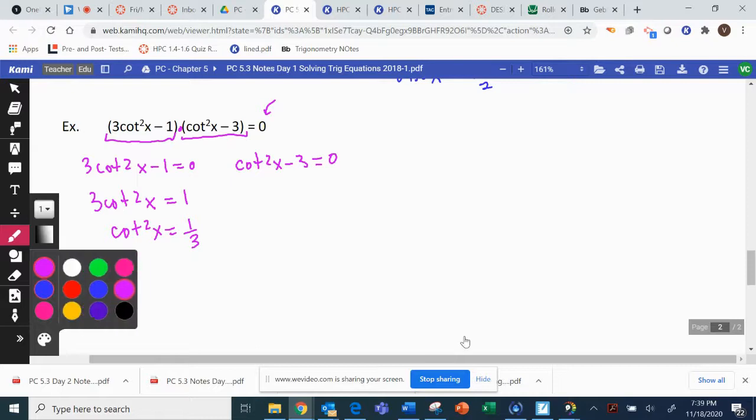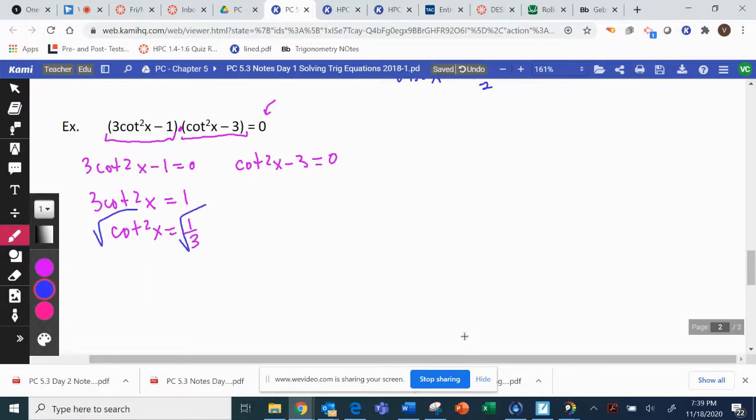Cotangent squared x equals 1/3. I'm going to square root both sides. I'm going to put plus minus in. And I'm going to get that cotangent x is equal to plus minus square root 3 over 3.